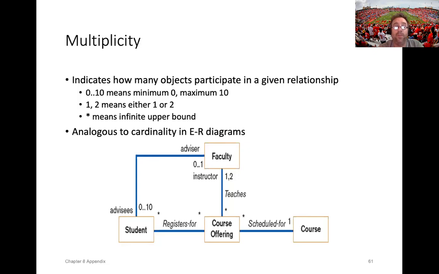A star means an infinite upper bound, squillions, millions. So it's very analogous to cardinality in our entity relationship diagrams, and there you have the example. If you have a good solid understanding of cardinality, then you should be able to pick this one up very quickly as well.